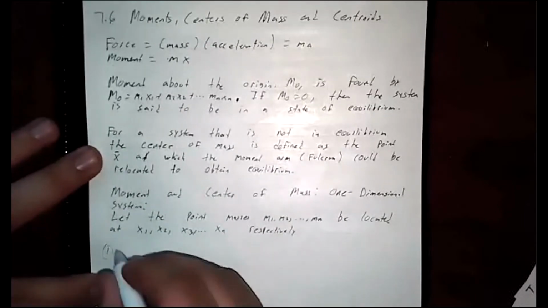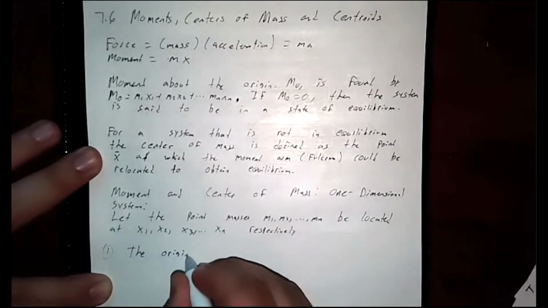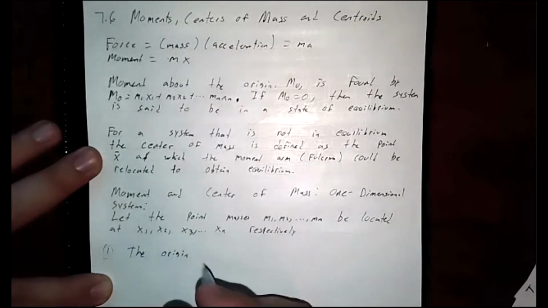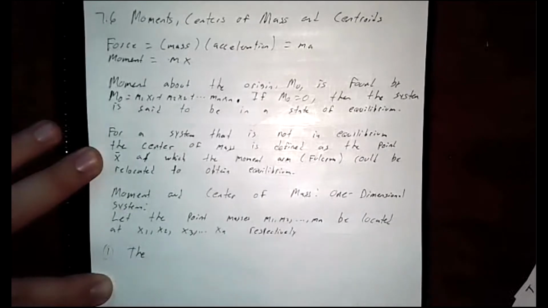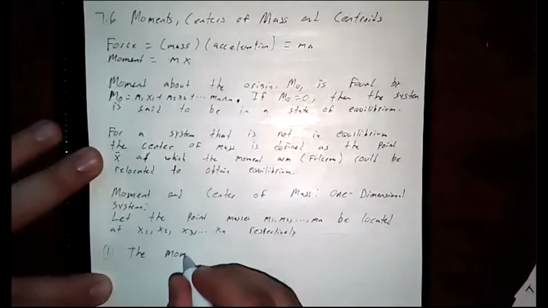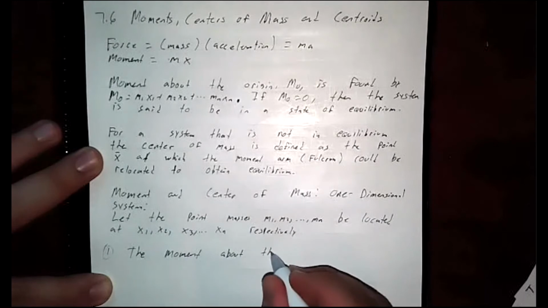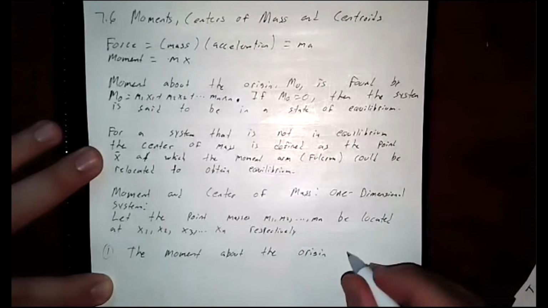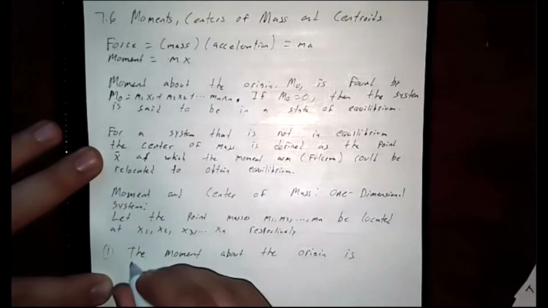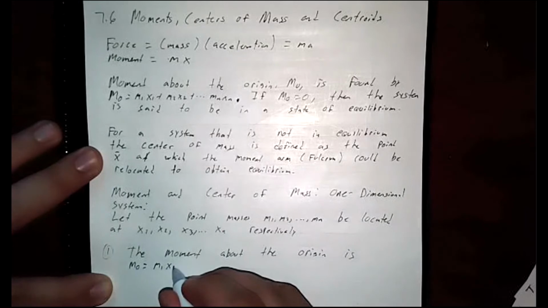So the first part of this, the moment about the origin is m sub 0, which would be equal to the sum of the mass times each individual point.